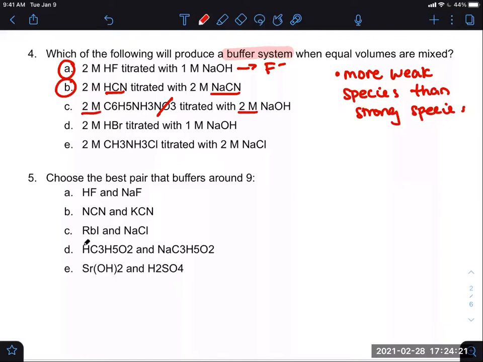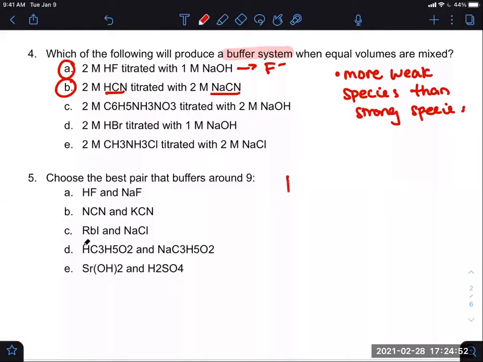Well, the reason we don't want this acidic salt to be the same concentration as this strong base is because they'll both react and turn into the conjugate base. Okay, so I can actually show you what's going on. So that's going to be an acid.